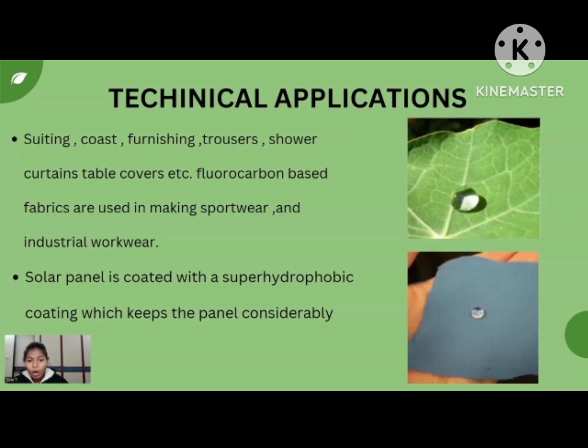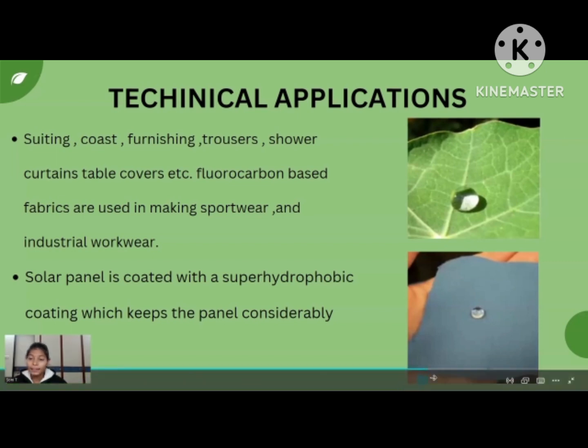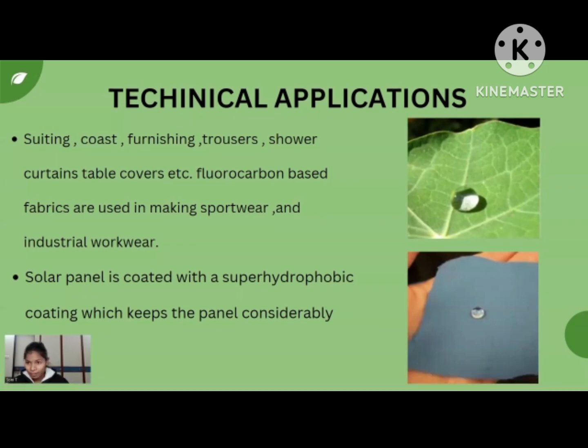Another example of the nanotechnology applied to this effect is the rainstop, a nanotechnological hydrophobic solution for glass and windshields. And another application is used in solar panels, which are coated by a super hydrophobic coating, which keeps the panel considerably clean.